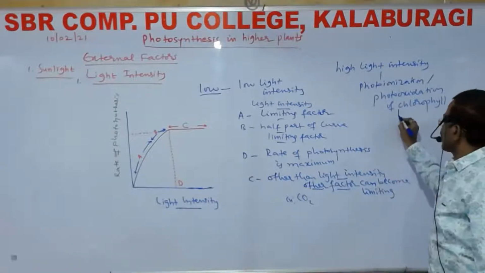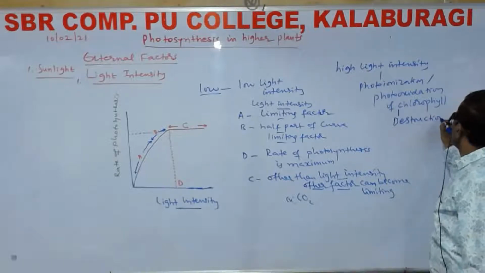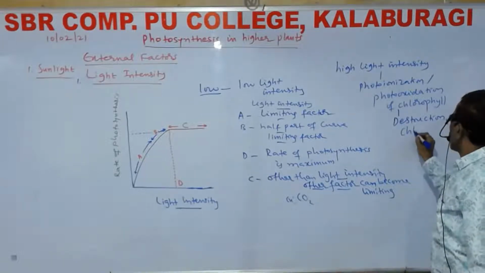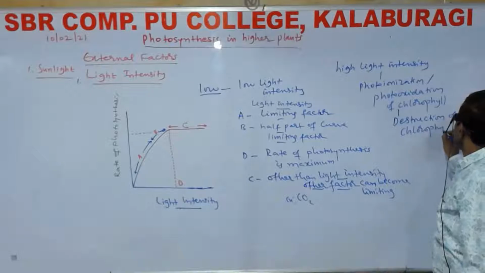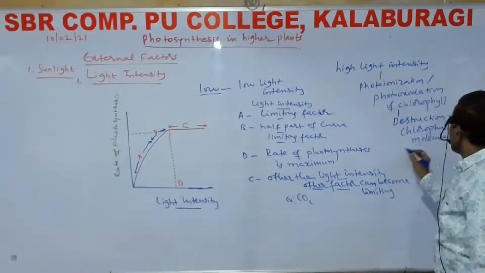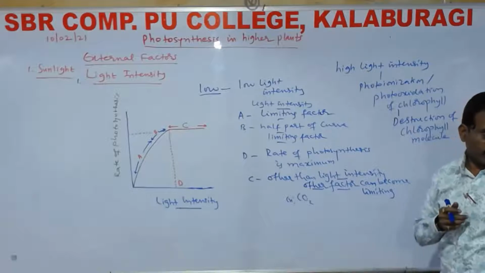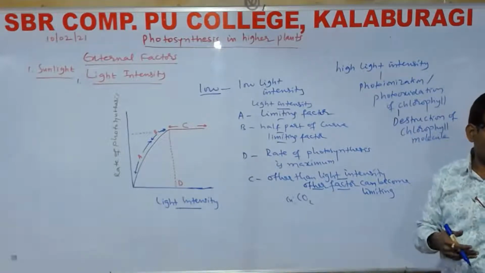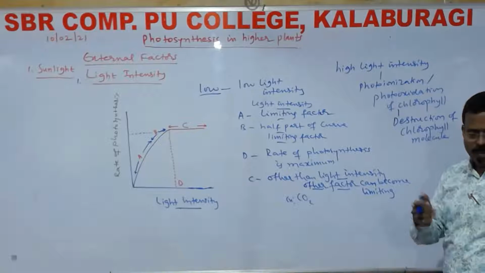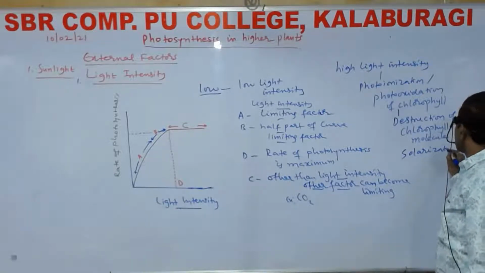leaves, that can lead to destruction of the chlorophyll molecule, including the photosynthesizing cell, that is the mesophyll cell, which you call solarization.